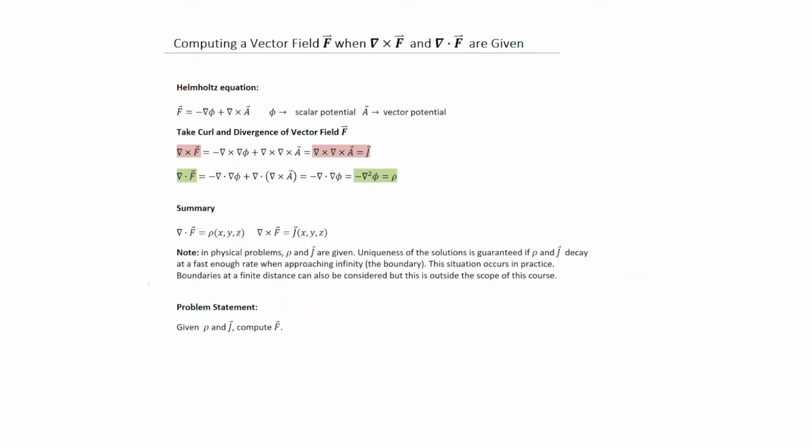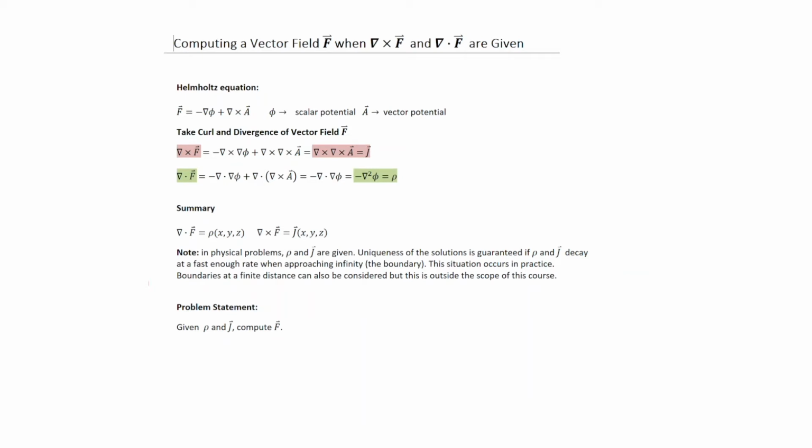The next thing we do is take the curl and divergence of the vector field F. If I take the curl of F and apply it to the gradient of the scalar potential and the curl of the vector potential, I end up with the curl of the vector potential A, and don't forget that the curl of the gradient of phi is equal to 0. I'm going to call the curl of A, J, just an arbitrary symbol, a vector J.